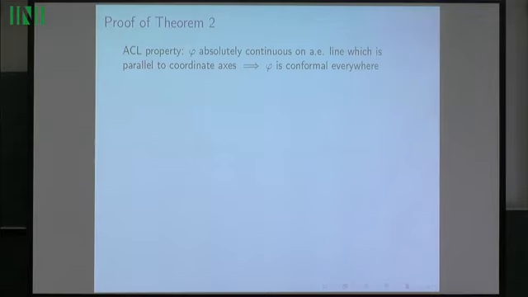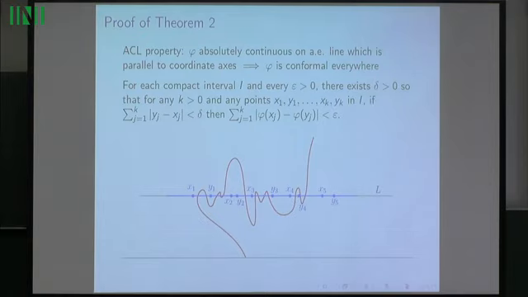Okay, so our proof uses this ACL property, which says that in order to prove some function phi is conformal everywhere, we need to prove that it is absolutely continuous on almost every line parallel to a coordinate axis. This is a sufficient condition. So how do we prove that?